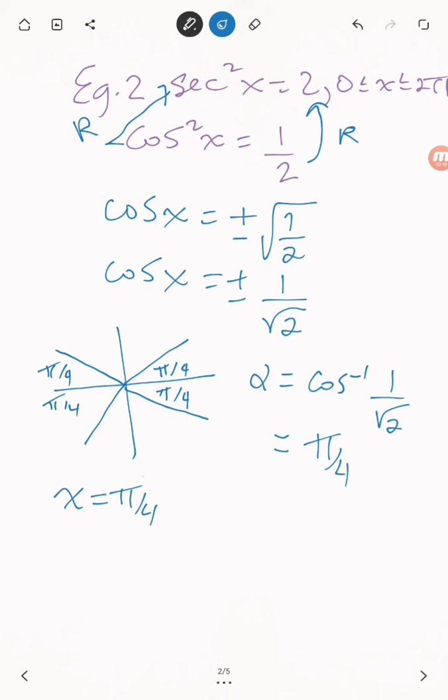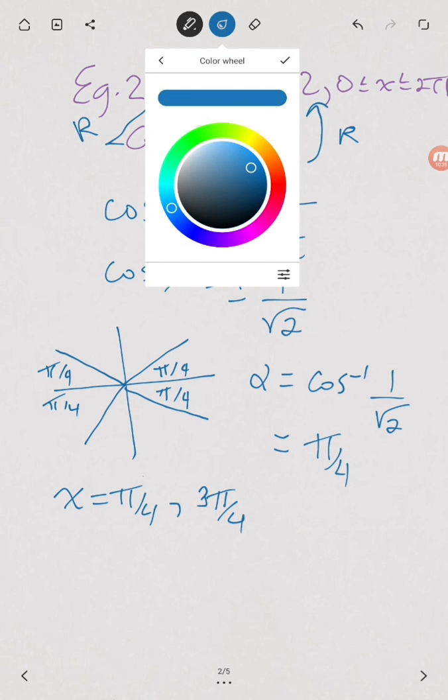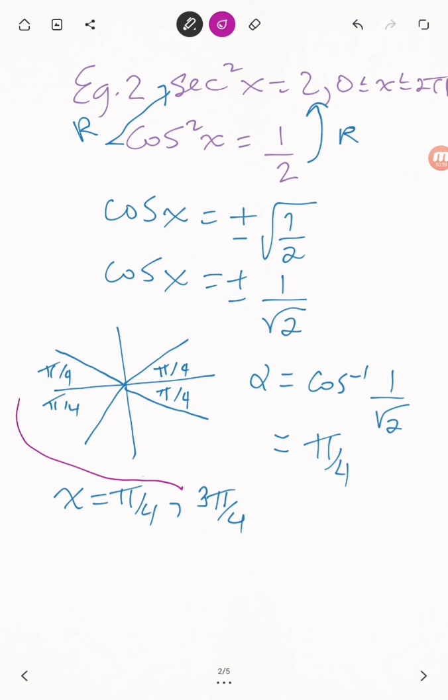In the second quadrant, it would be pi minus pi over 4, which is 3 pi over 4. That's in quadrant 2.